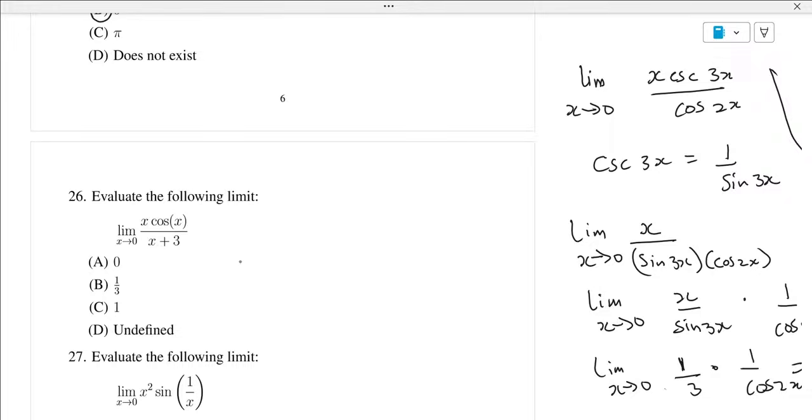So if I substitute in my 0, I'm going to have 0 over the whole thing, that will give me 0 over 3, and that will give me 0. So the answer is A.